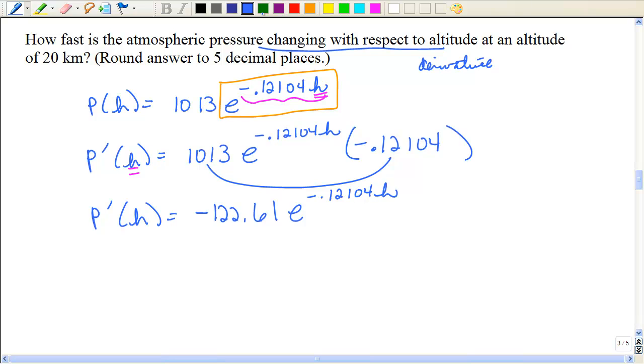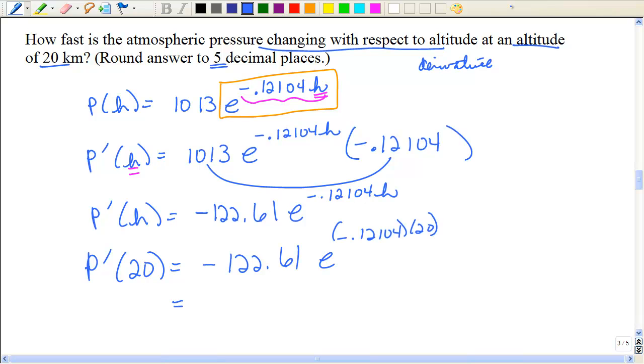Right, so that's my derivative in general, and they want to know how fast it is changing when the altitude is 20 kilometers, meaning they want to know when H is 20, and they want us to round our decimal to 5 places. So I want to evaluate the derivative when H is 20.